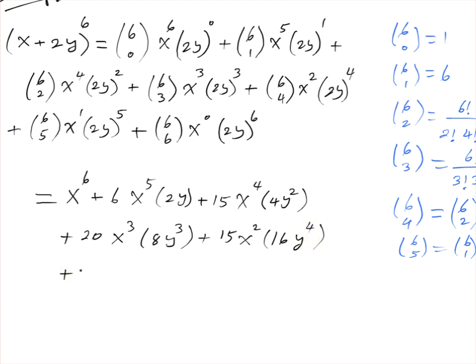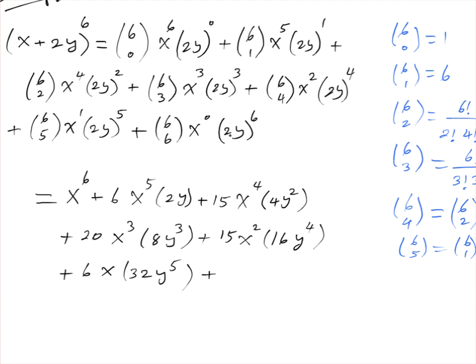And then plus, the next term, 6 choose 5 is just 6. X to the 1 is just x. 2y to the fifth, 2 to the fifth is 32. So that's times 32, y to the fifth power. Plus 6 choose 6 is 1. X to the 0 is 1.